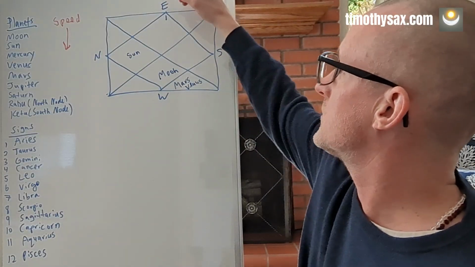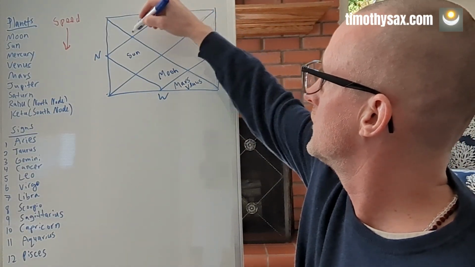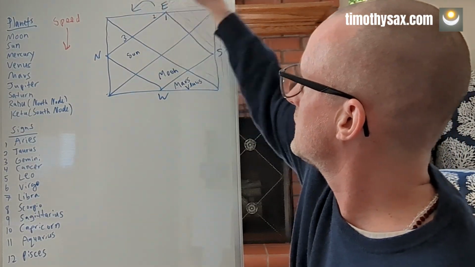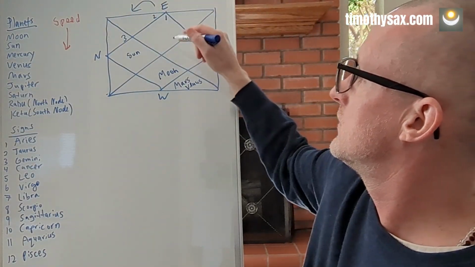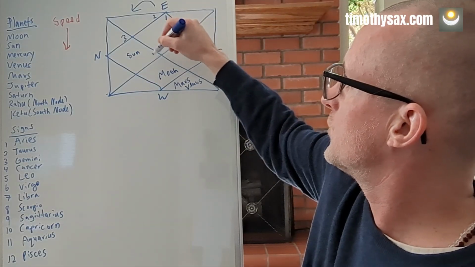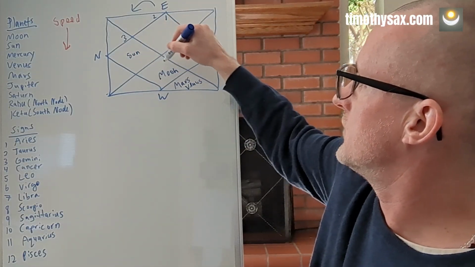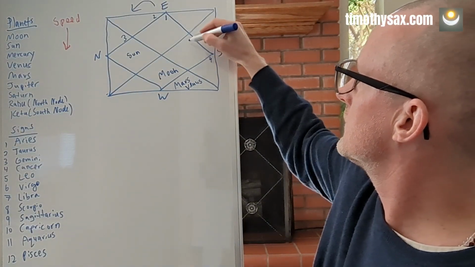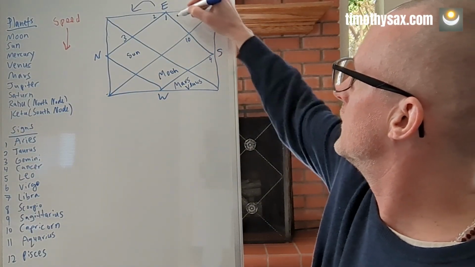So the second house is right here, third is here. Notice we're going counterclockwise. And this would be the 4th, the 5th, the 6th, the 7th, 8th, 9th, 10th, 11th, 12th.